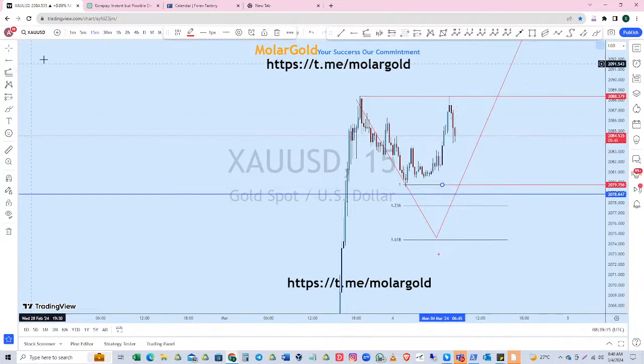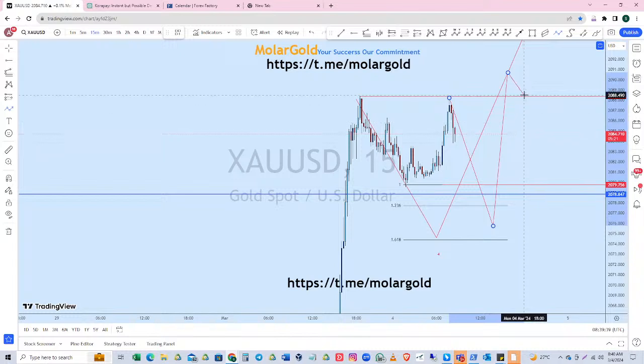Somewhere around 2079, we should start expecting some buys to happen, to the upside. Price should just come somewhere here, do something like this, and then go back up.